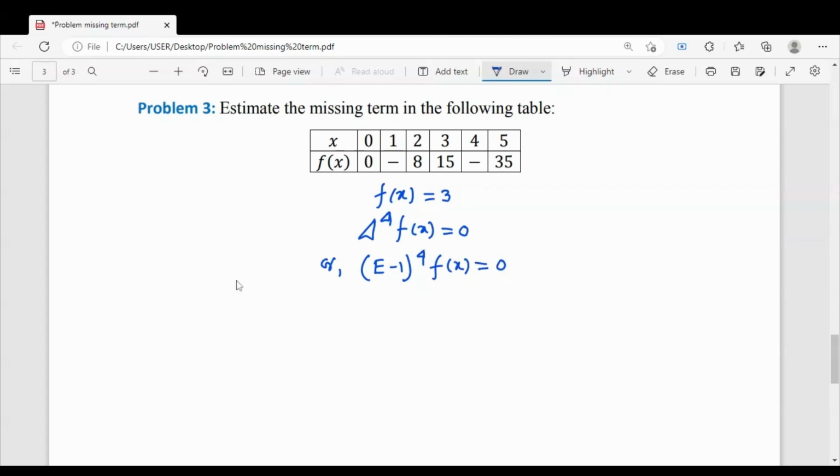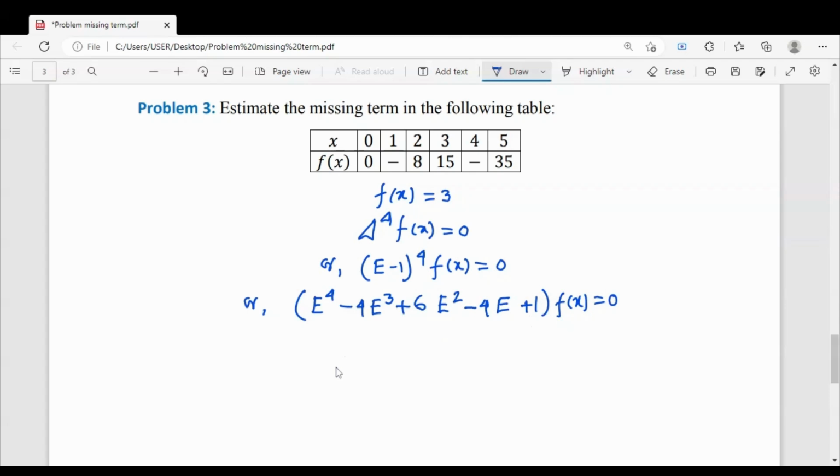Using binomial expansion we can write this one as (E to the power 4 minus 4E cubed plus 6E squared minus 4E plus 1) into f(x) equal to 0.